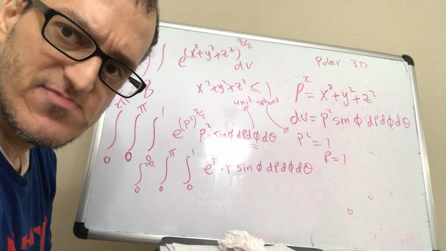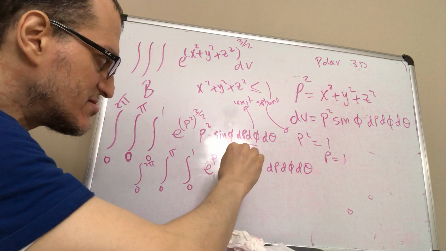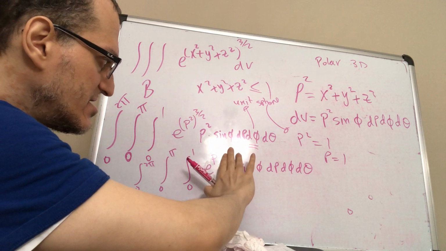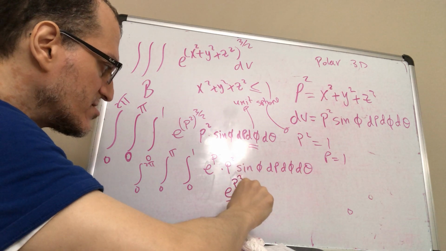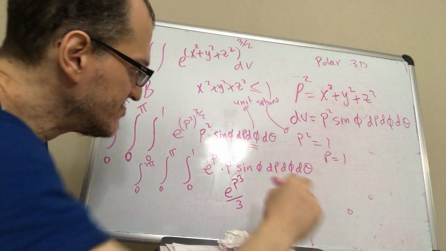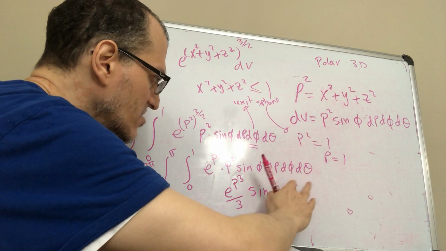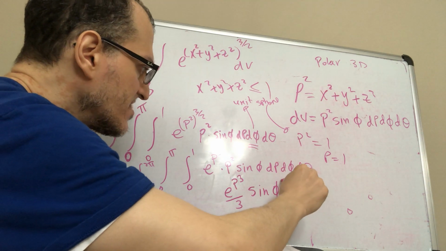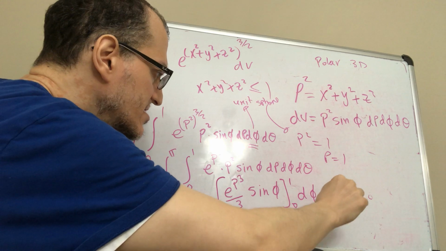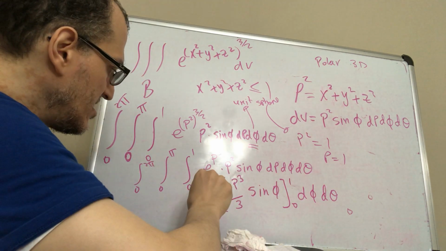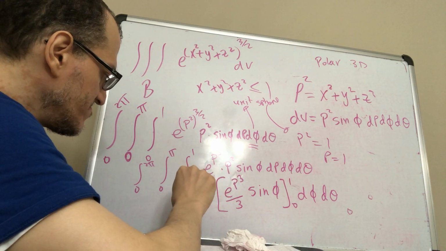We've seen something similar to this. This is the function. It looks like its derivative. Hide the derivative. Integral of e is itself, but there is a 3 extra, so over 3. Sine of phi dp, we did the dp, we don't need to do it again. This is from 0, 1, d phi, d theta, and we have 0 pi, 0 2 pi still.